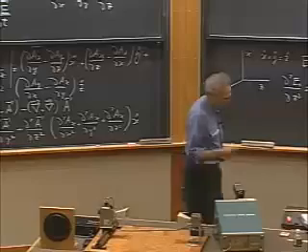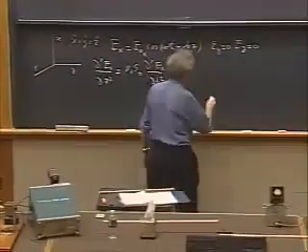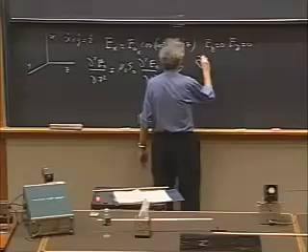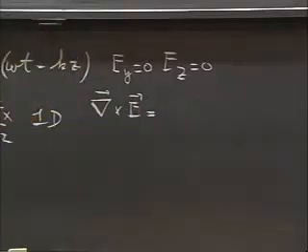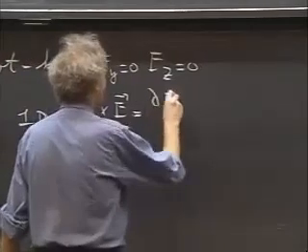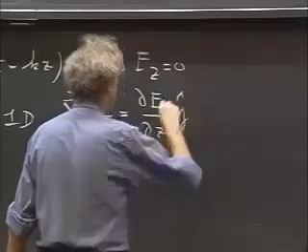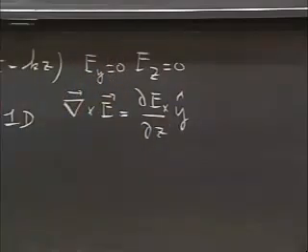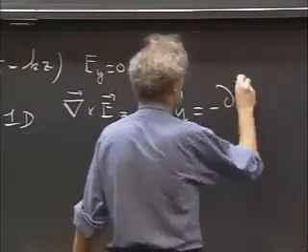The curl of E, there's only one term that survives, and that is dEx dz, in the y direction, and that now must be equal to minus dB dt, because that is Maxwell.